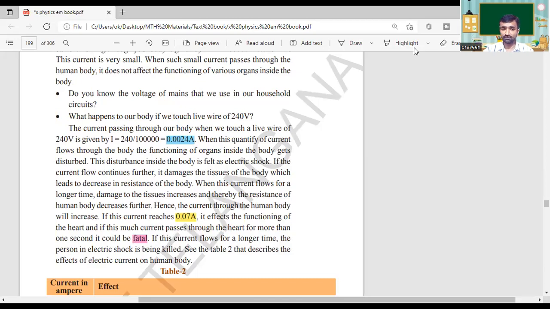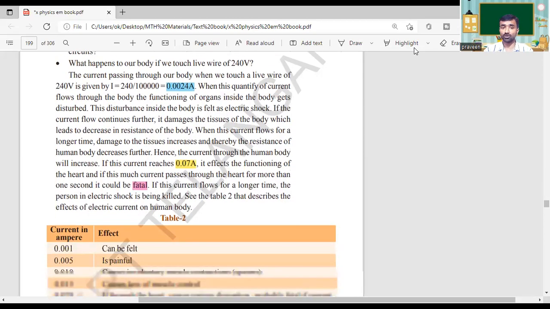If 0.07 amperes of current is allowed through your body, especially the heart, for more than 1 second, it stops functioning. The person remains unconscious, and death occurs. This is the effect of current through your body.